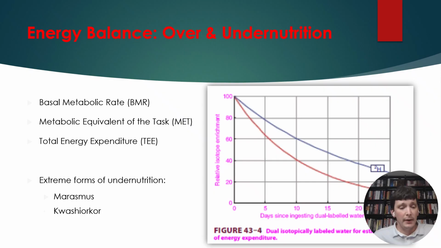Total energy expenditure is the total number of calories your body will burn in a day. This takes into account a lot of other things, including your BMR as well as your MET. When energy intake is too low, we see extreme forms of undernutrition like marasmus and kwashiorkor, both of which I'll talk about in the next few slides.